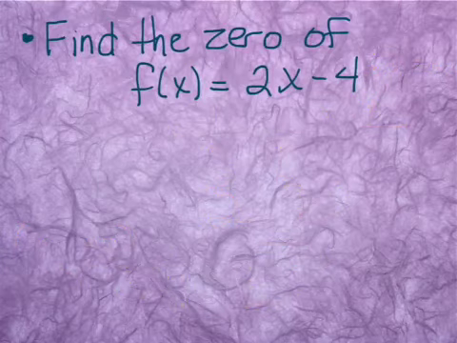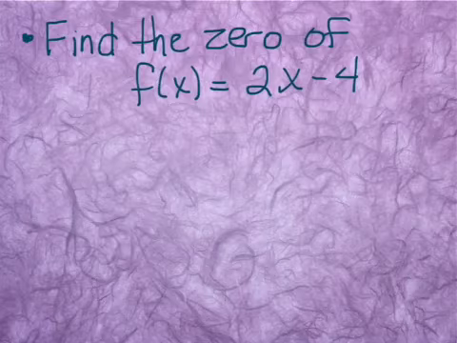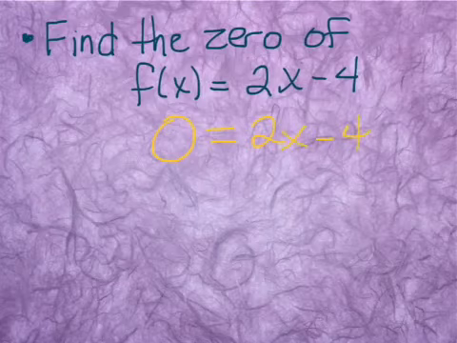Now we're going to start with the new thing that we talked about so far, which is finding a zero. Well, to find a zero, it's the same thing as finding out where this line crosses the x-axis. So, as our hint showed us in the screen that told us what a zero is, we're going to replace f of x with 0 and solve.